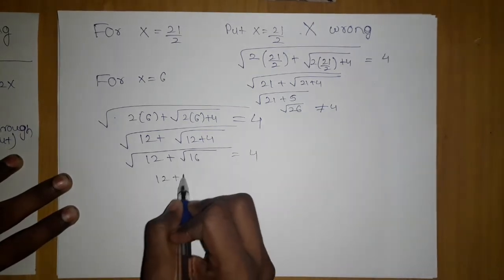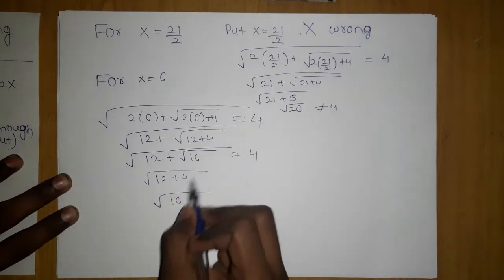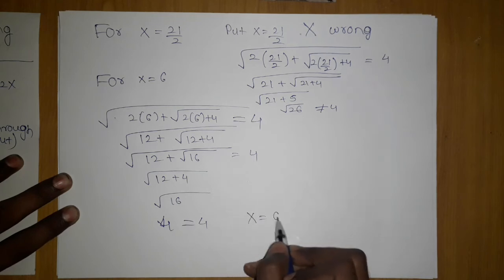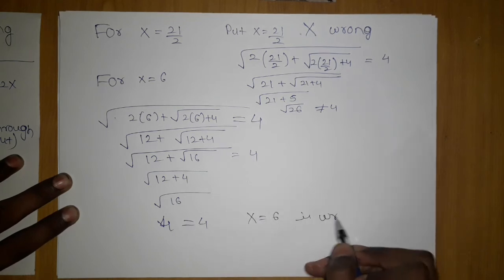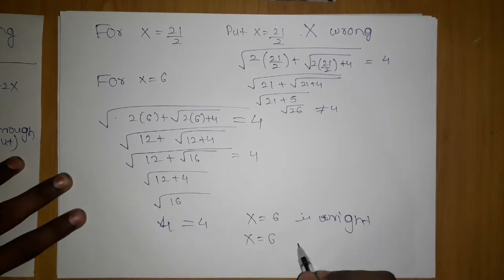And what we are getting is 12 plus 4, which is again 16, and under root 16 is 4. So 4 equals 4, so x equals 6 is right. Okay, so x equals 6 is the answer.